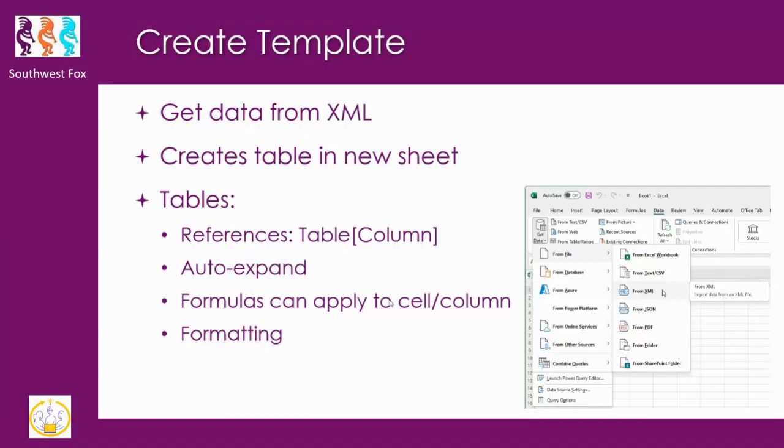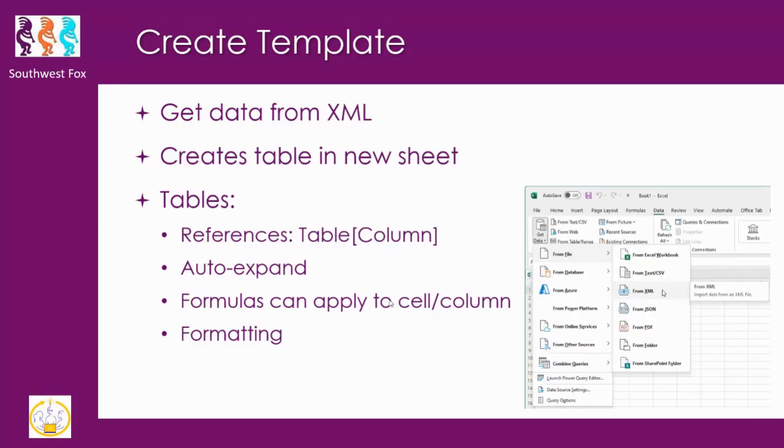Depending on how the formula was set up, that formula may now be broken because I've moved stuff around. That's not the case with tables. You reference a table by name and by column name. So I can say raw data, total price. If I insert a bunch of columns, total price is still total price, even though it's no longer in column C, now it's in column F, doesn't matter. It's still called total price. I can reference it by name. So the location is now unimportant.